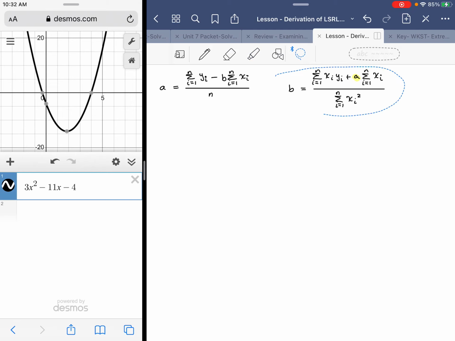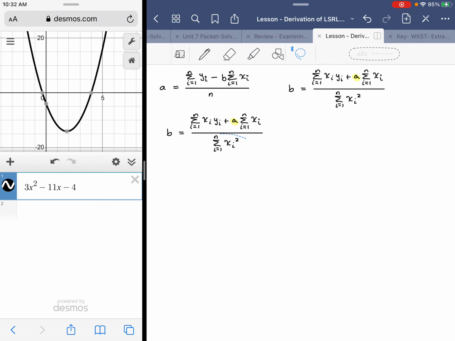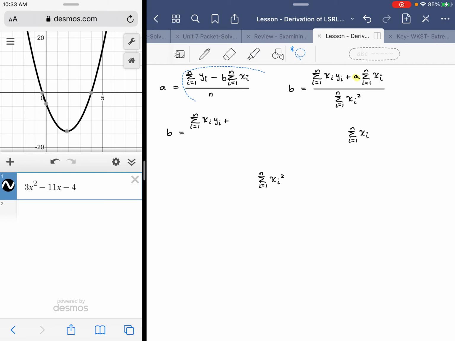So what I can do is duplicate this. And let me just clean things up a little bit, but that can go. I'm going to replace that a with what I know it now is.